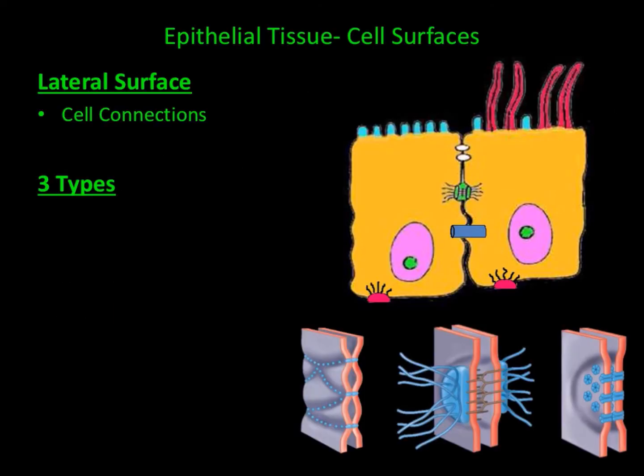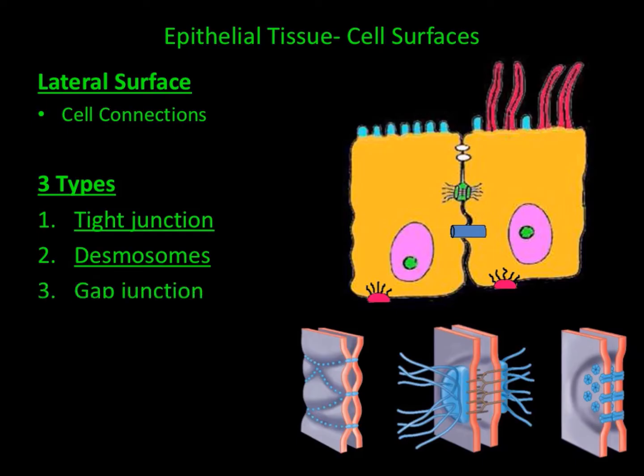The second type of cell surface is the lateral surface, or basically the sides of the epithelial cell. And on the lateral surface, you'll see connectors or connections between adjacent cells. And there are 3 types of connections that you would find on the lateral surface. The first type is called a tight junction. The second type is called the desmosome, and the third type is called the gap junction.